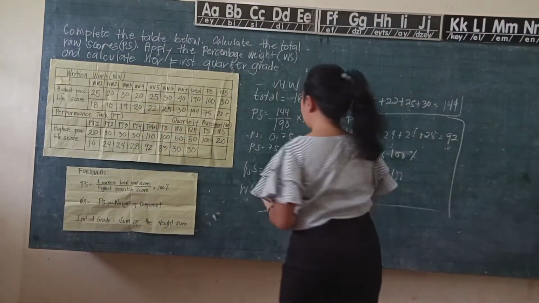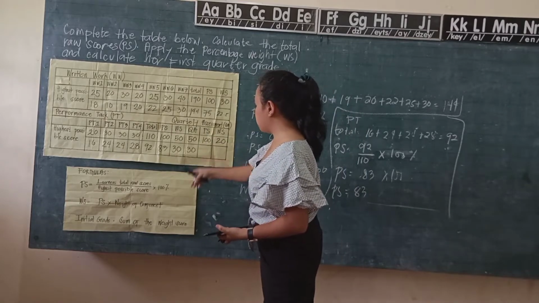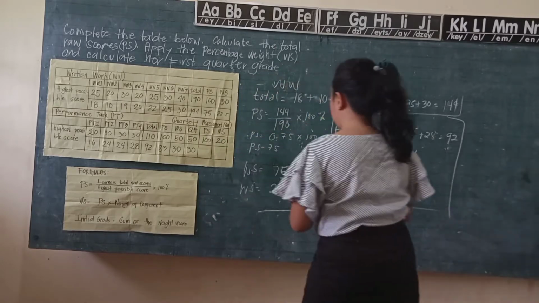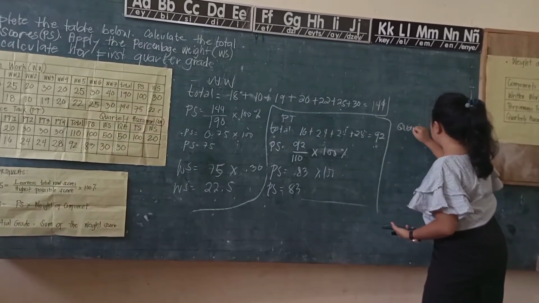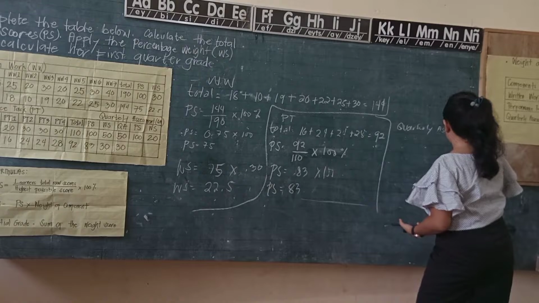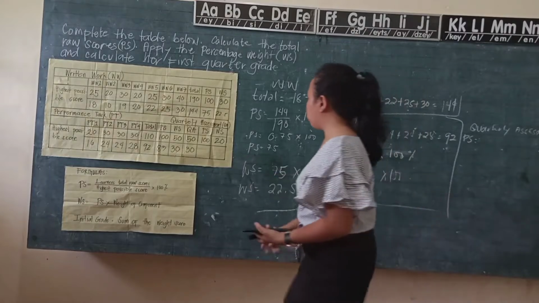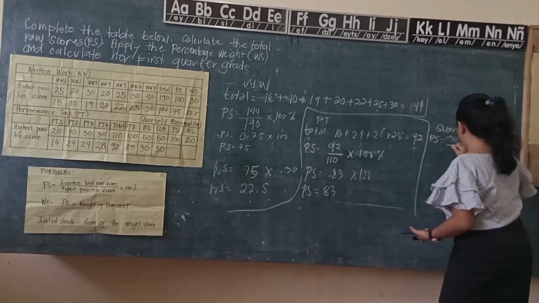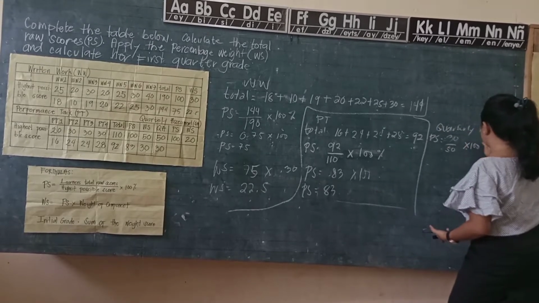So let's proceed to the quarterly assessment. We are going to find its PS, its percentage score, and the weighted score. So PS is equal to the learner's total raw score, which is 30, divided by 50 times 100%.